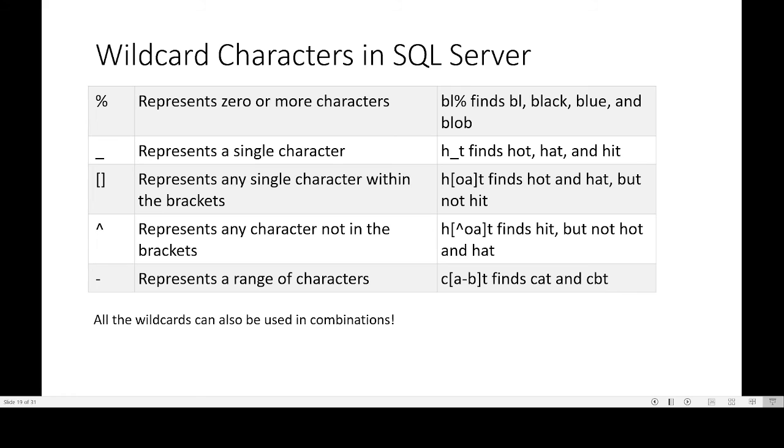When we give H[^OA]T, it will find all the strings which don't have O and A. So it finds hit but not hot and hat. Then the dash represents a range of characters, similar to MS Access. So C[A-B]T finds cat and CBT. All wildcards can also be used in combinations. These are the various wildcard characters in SQL Server.